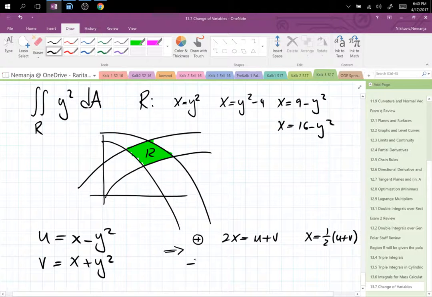Nice. And if I subtract equations, subtracting equations would be bottom minus the top, easier. So 2y squared, x's are dead, would be v minus u. So y is the square root of 1/2 (v minus u).